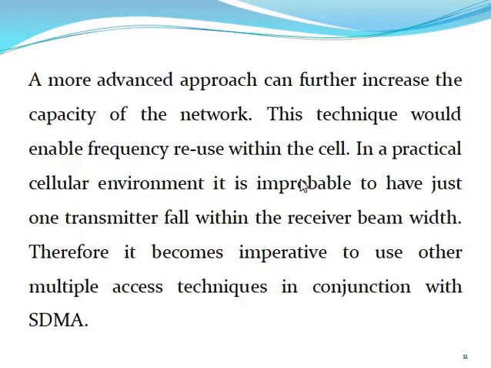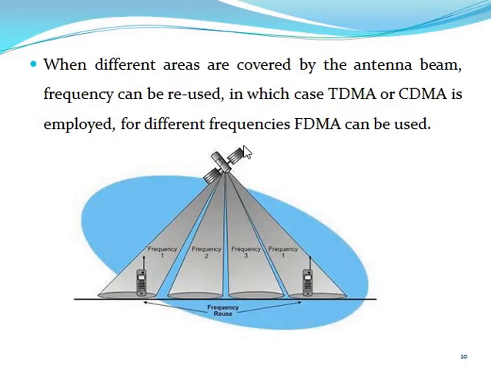A more advanced approach further increases the capacity of the network. These techniques enable frequency reuse within the cell. In a practical cellular environment, it is important to have just one transmitter fall within a receiver beam width. So you have one transmitter and you divide the frequency.